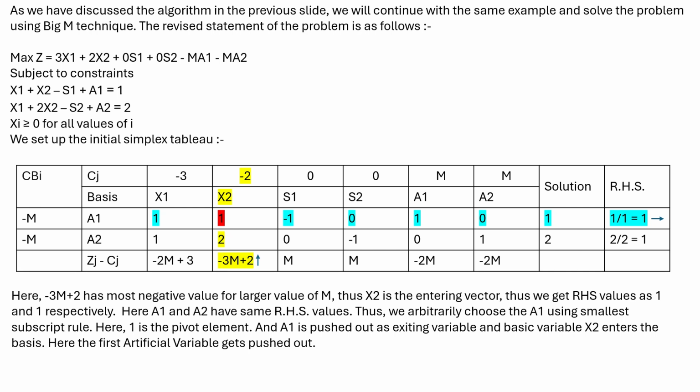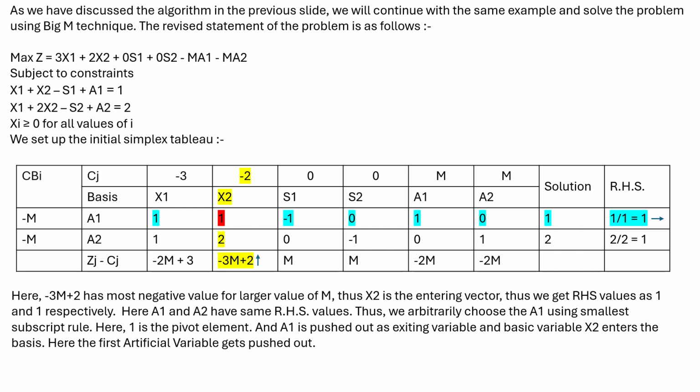It is termed the pivot row, and the variable entitled to it is the exiting variable. The variable corresponding to the pivot column is the entering variable, and the element which lies at the junction of the pivot row and the pivot column is known as the pivot element. Here I have highlighted the element in red color.